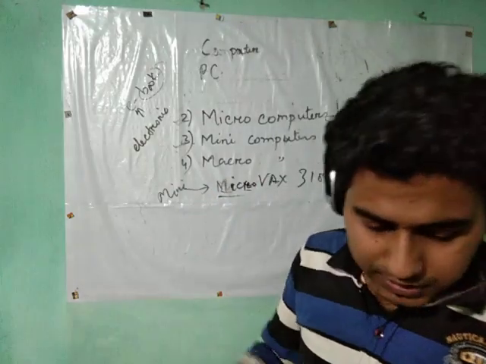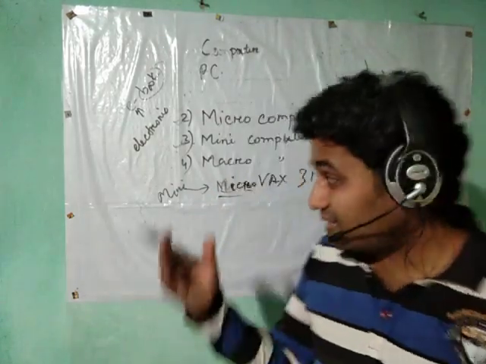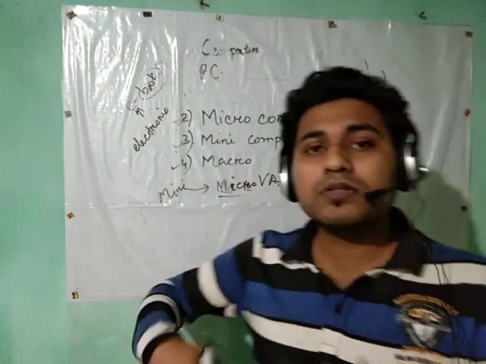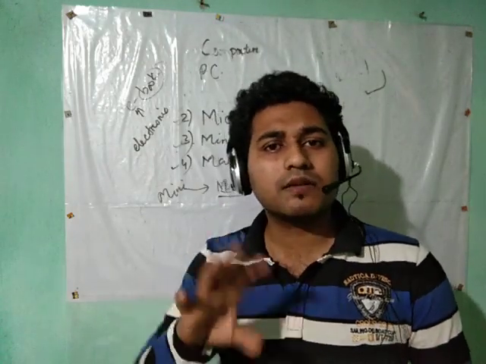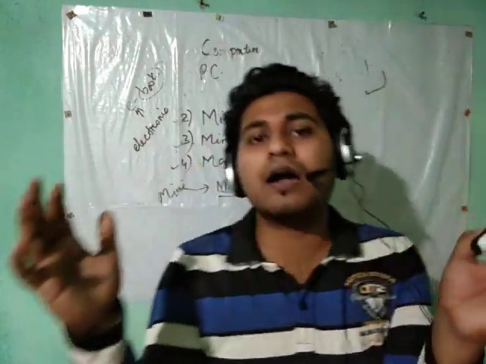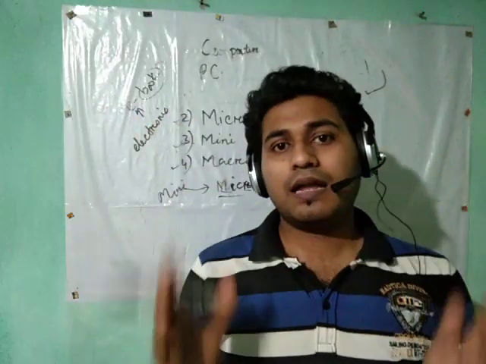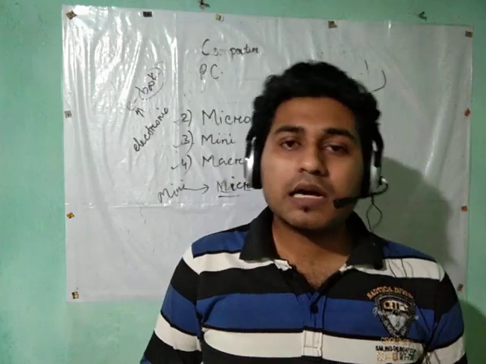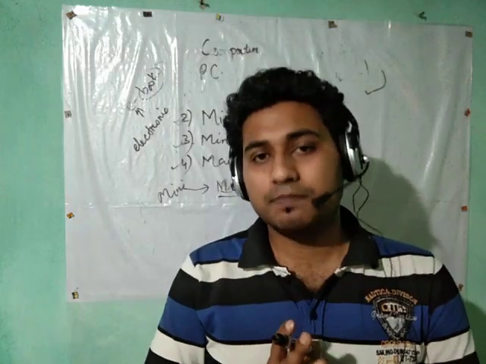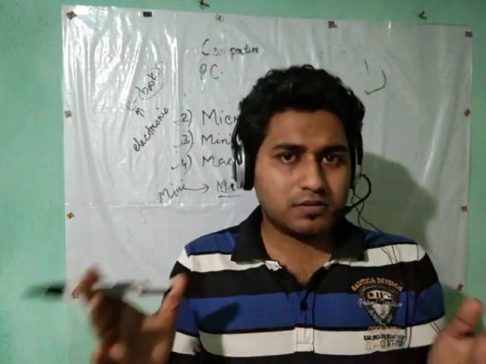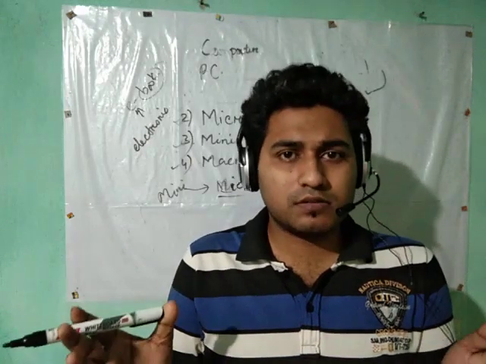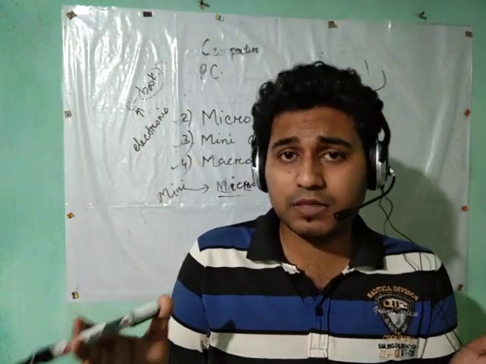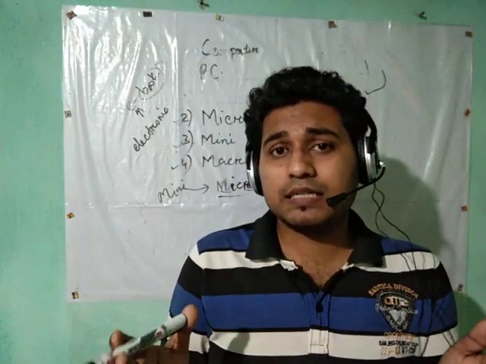Now we will come to another category, that is macro computer. What is macro computer? The name itself gives it: macro means a bit larger. Macro computers are larger than mini computers. That means the size will definitely be larger than a fridge, a refrigerator.